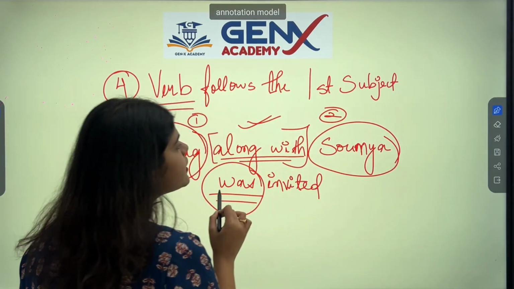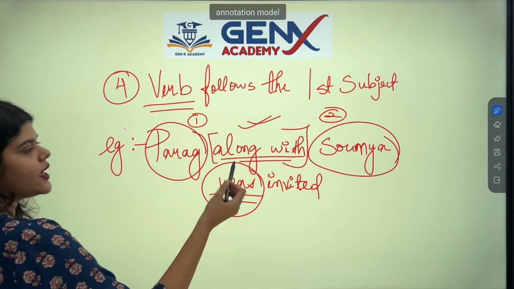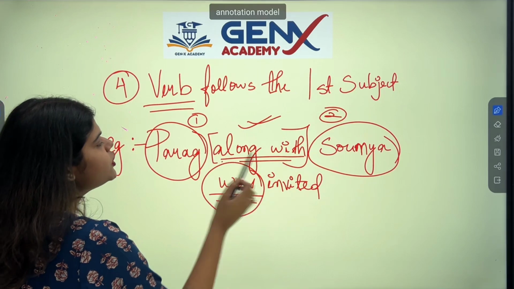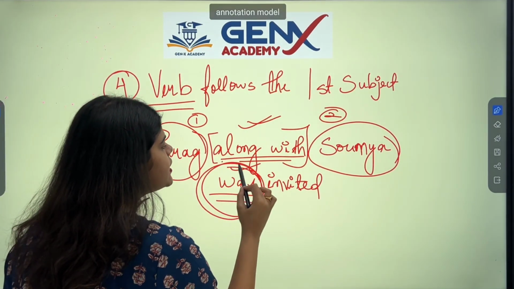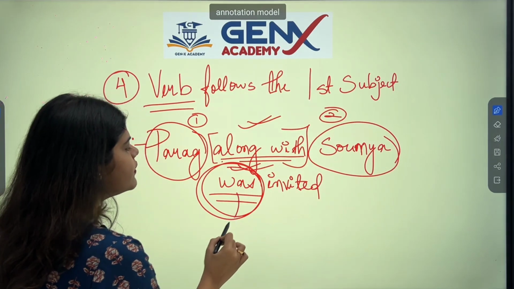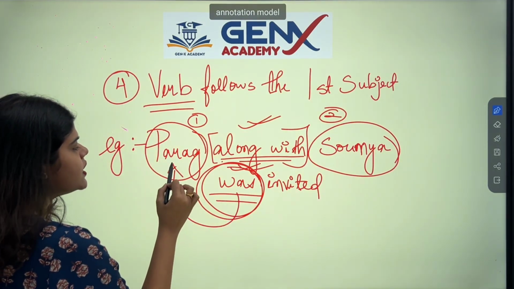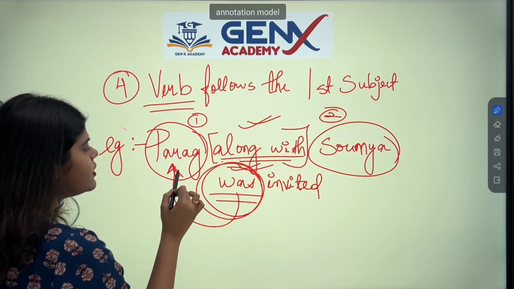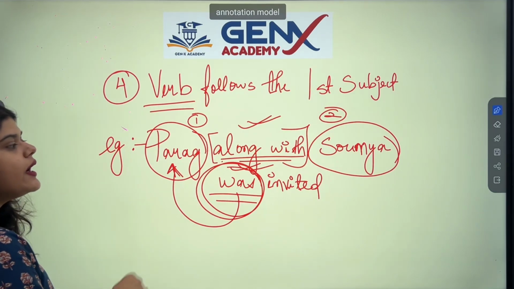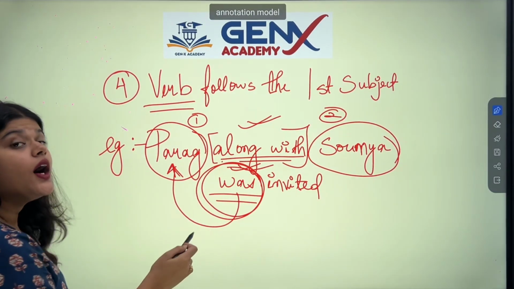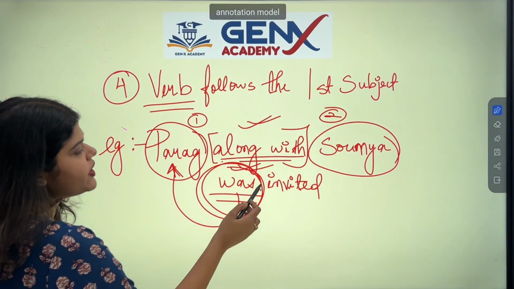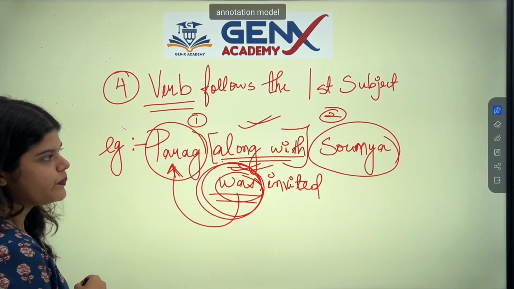So there are certain words or conjunctions which join the two subjects, where the verb will only follow the first subject. So it will not be Parag along with Soumya were invited, it will be was invited.